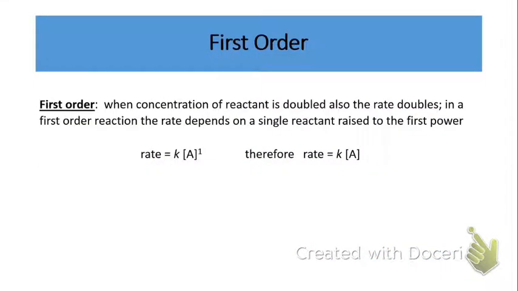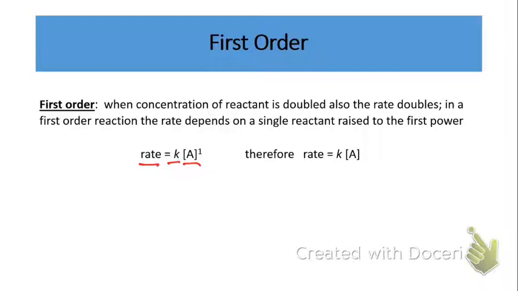All right, let's go to a first order reaction now. Remember that in a first order reaction, the rate expression would simply be the rate is equal to the rate constant times the concentration of the reactant to the first power, which is the first order of the reaction.